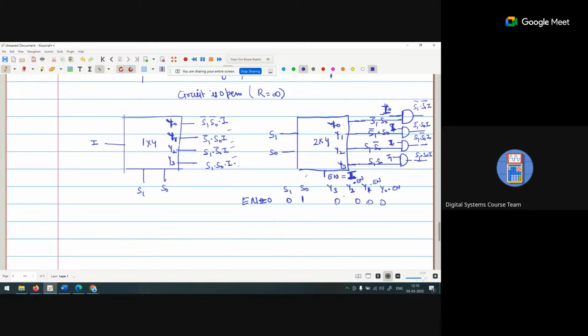If we are selecting 0 1, my Y1 is 1, but because the enable pin is 0, 1 ANDed with 0 becomes 0. Y0 is 0 ANDed with enable 0, and the others are also 0 ANDed with enable. So we are getting 0 0 0 and 0. Even if we apply any input on the input side, if your enable pin is 0, you are getting output 0.